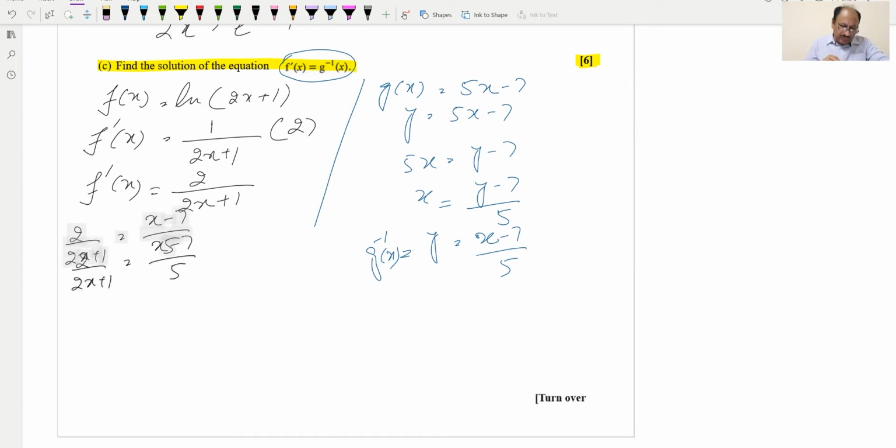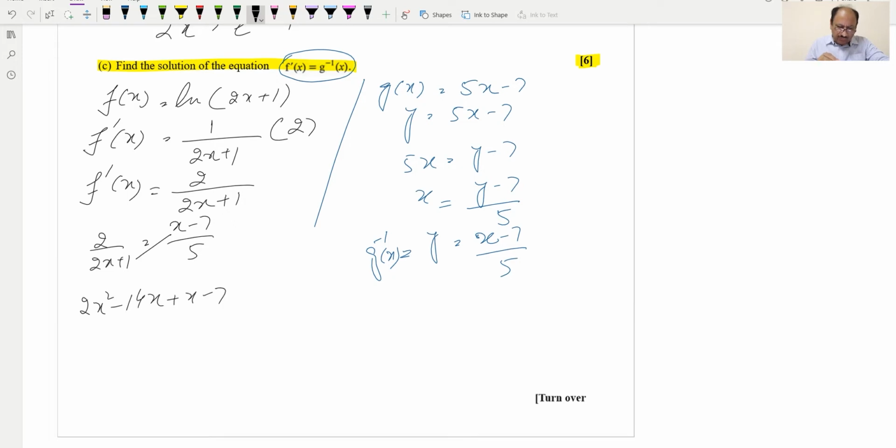Cross multiplication will give us 2x squared and plus 7. I'm multiplying this with this, so 2x squared minus 7, minus 14x, plus x and minus 7 is equal to 10, or we can write minus 10 is equal to 0.